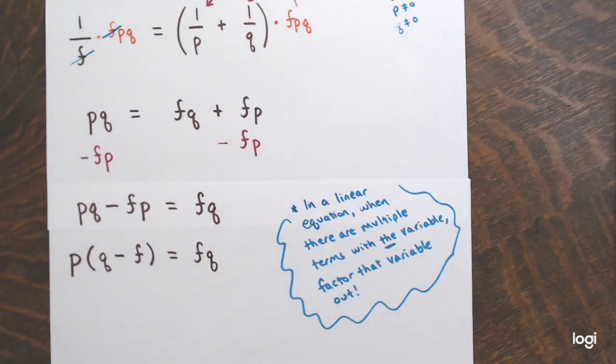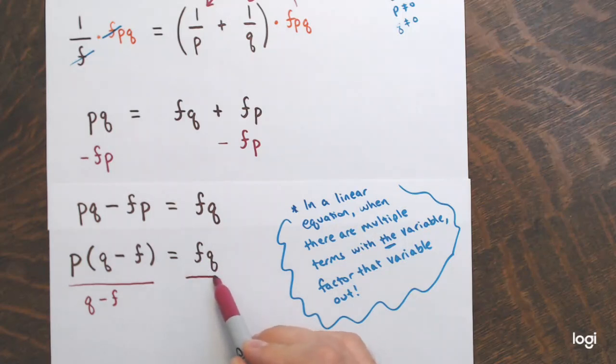And now comes the division part. Now I have a single product with p in it, just these two factors. And then here's where the division comes in. Now if I want p alone, I've got to get rid of this q minus f factor, and it's being multiplied, so to undo that I divide by the factor q minus f. Since it is the only factor I'm dividing by, there's no need for parentheses. You can put parentheses around this if you want, but there's really no need.